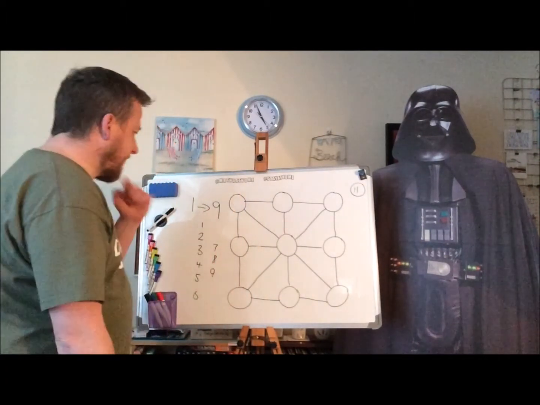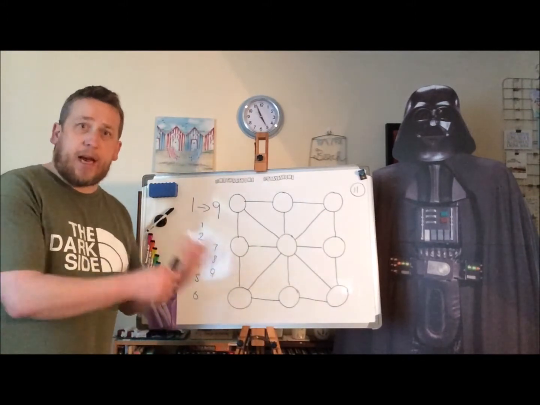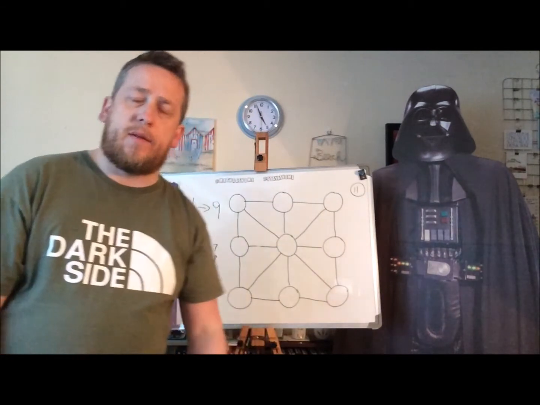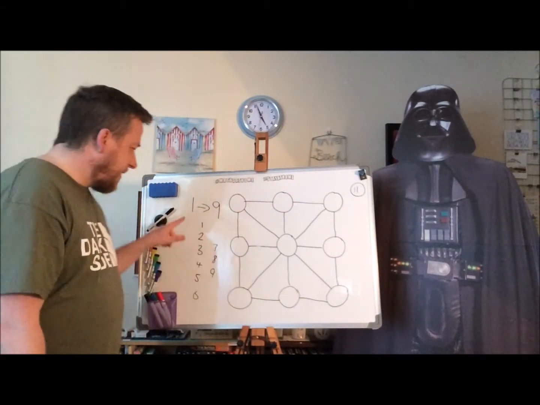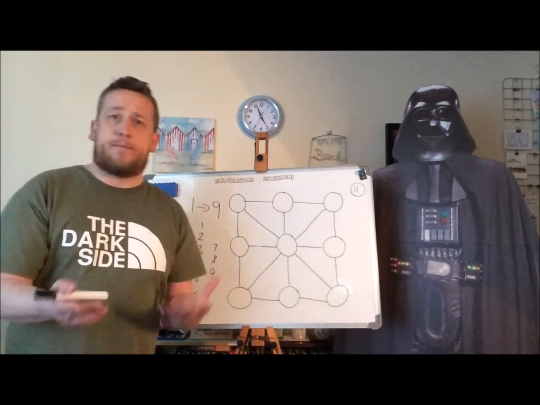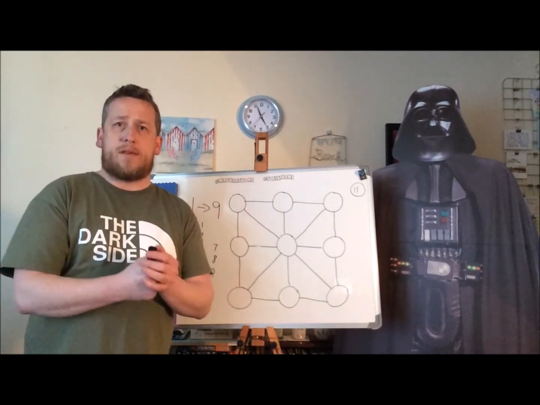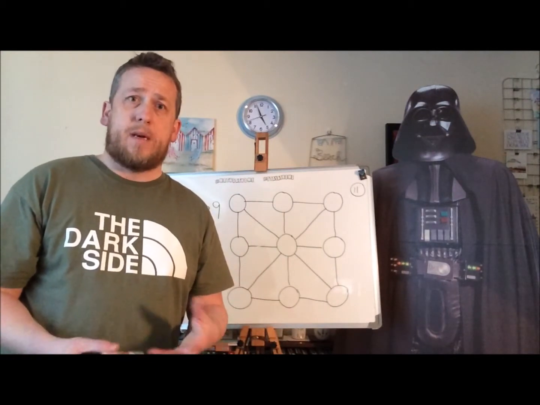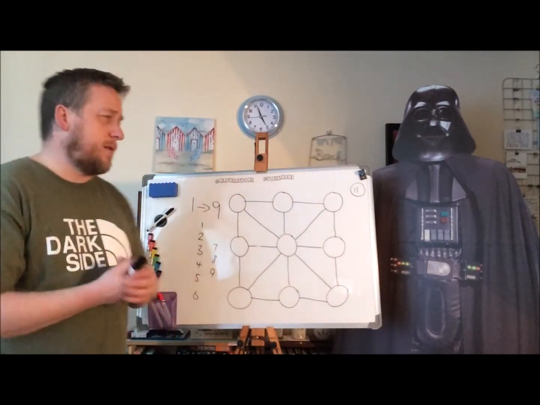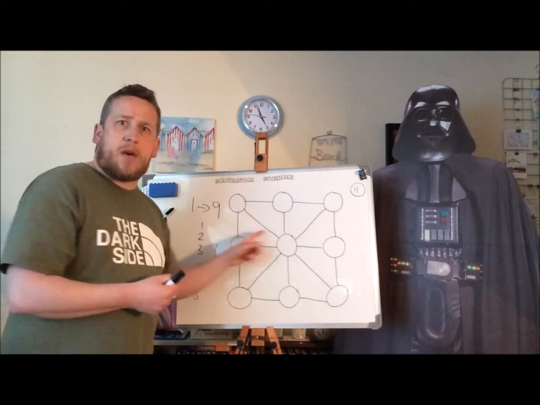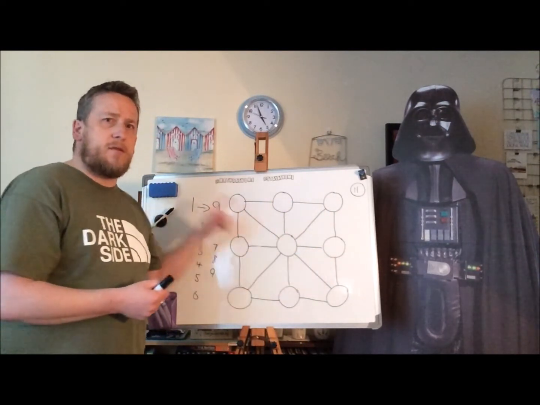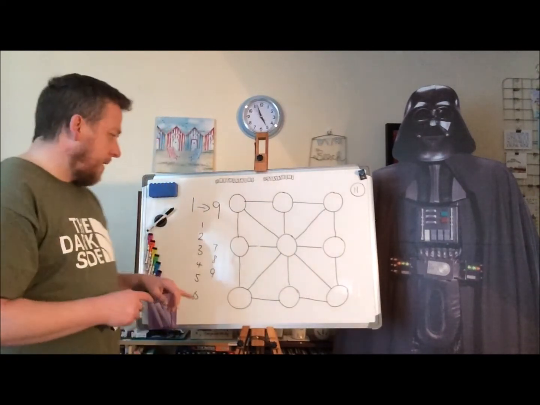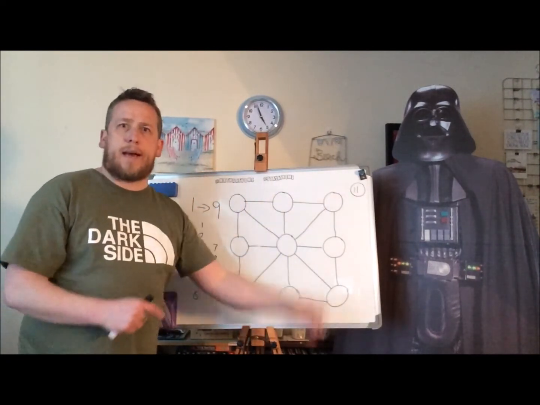Okay, so I've written out my numbers 1 to 9 so that I can check which ones go in. So I'm going to go through and show you where I would put the numbers. The first thing I would think of is if I take all of these numbers together and add them up, I know that the total of all the numbers I'm going to put in is actually 45. Now, if the 3 rows going across all have to add up to the same number, how many 3s can I get out of 45?